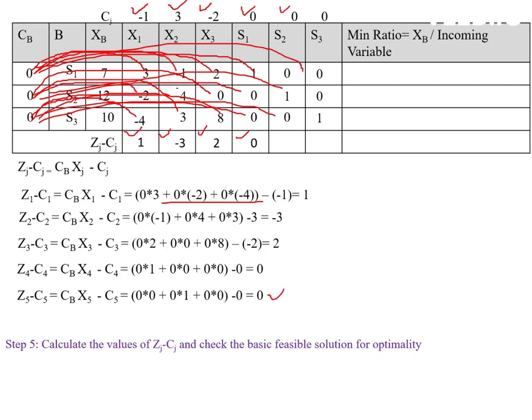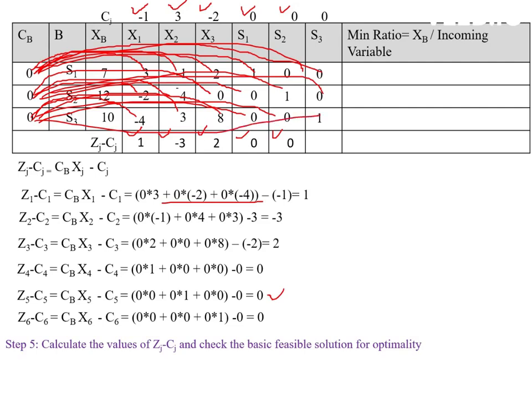So the value will become 0. Enter the 0 value here. Finally, we determine Z6 minus C6, which is equal to CbX6 minus C6. CbX6 equals 0 into 0 plus 0 into 0 plus 0 into 1 minus of C6 value, which is 0. So the total value is 0, and enter the 0 value here.